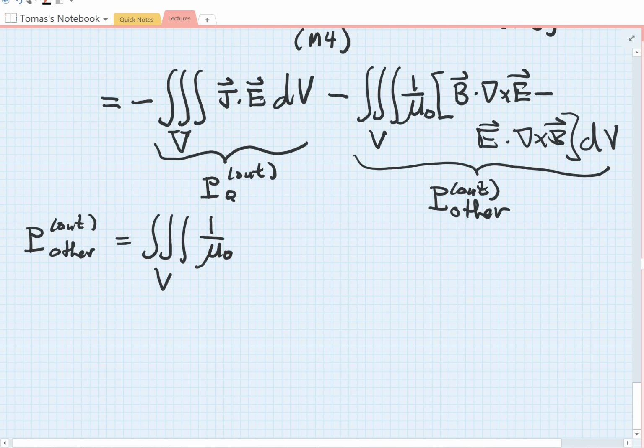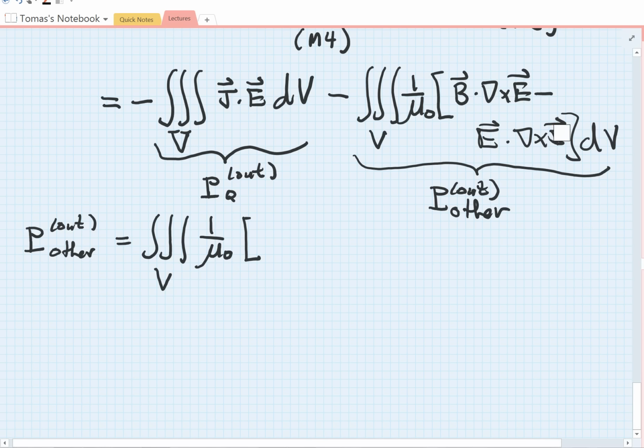And now here is something interesting. What I have in here is two derivatives, right? I've got a product of two terms, and I've got a sum of two terms, and each term has the derivative of one field times the other field, or the derivative of the other field times the one. This looks like some kind of derivative of a product.